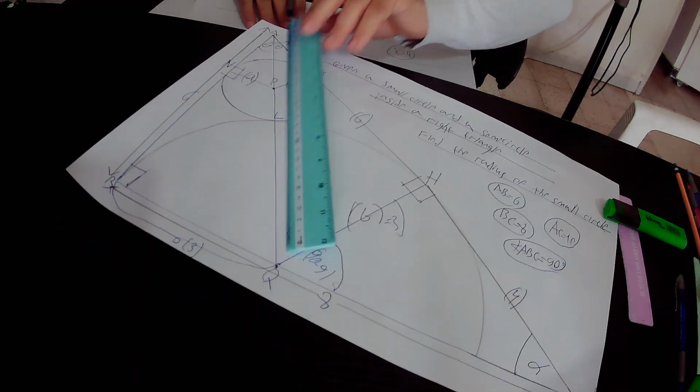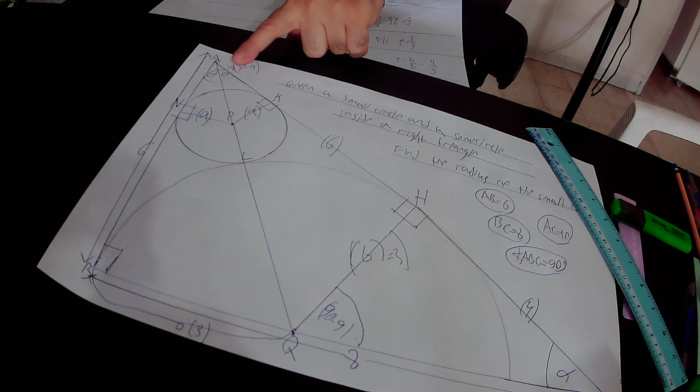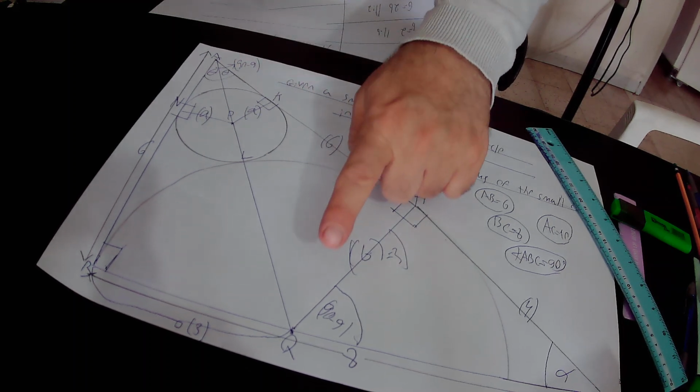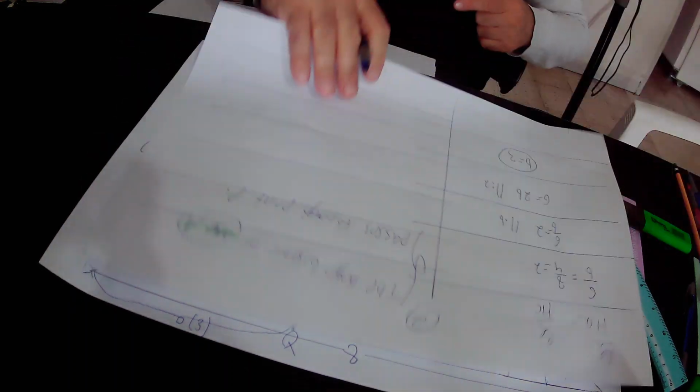So, in conclusion, you can write down that the angle bisector of the same angle A must pass also through point Q, that is the center of this big semicircle. So I write it down.